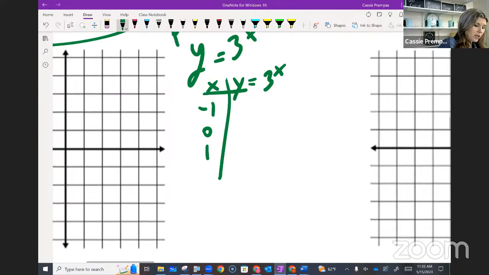Now, if you plug in -1, do you guys remember what 3 to the -1 becomes? Close. 1/3, good. Do you remember what happens when you plug in 0? What's 3 to the 0? 1. Do you remember what happens when you plug in 1? 3.